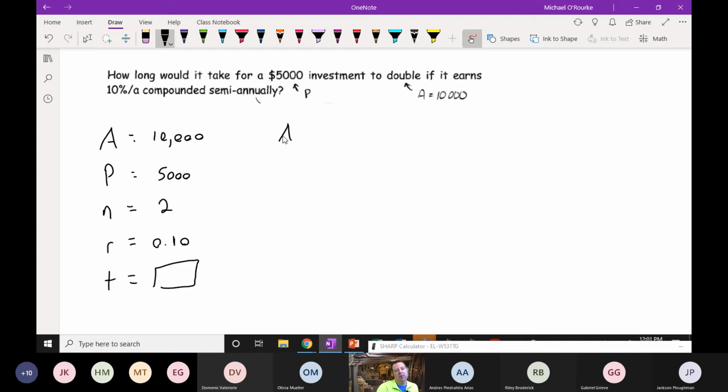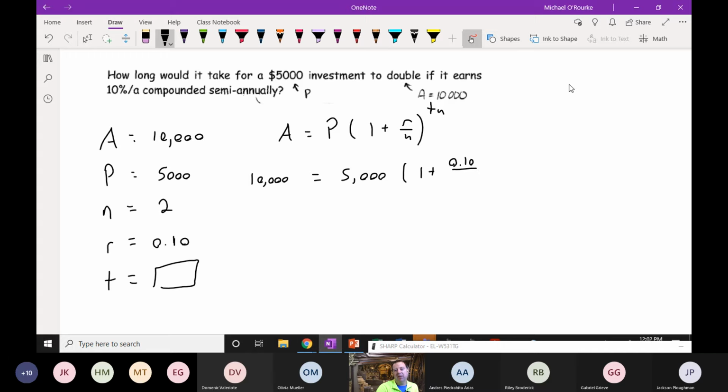So then we go back to our formula. And then I'll write everything in, and then I'm going to let you guys get started as I do it on my TVM solver. And don't be so mad about the TVM solver.